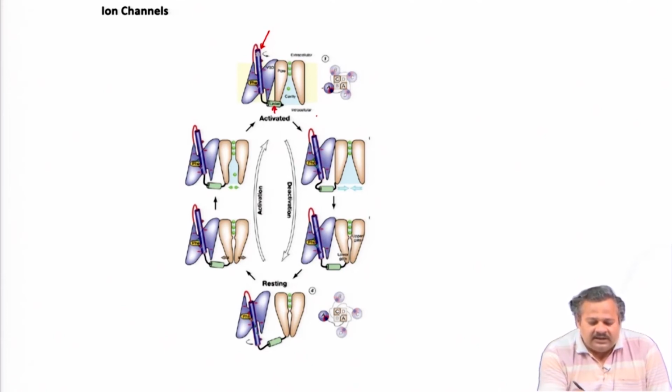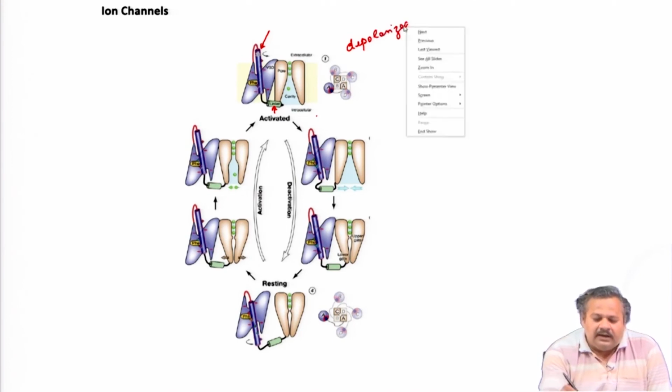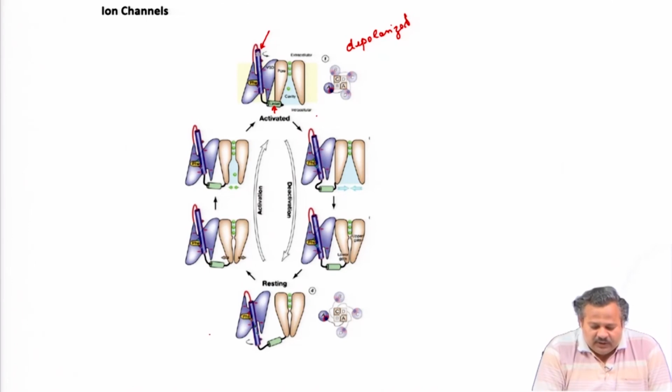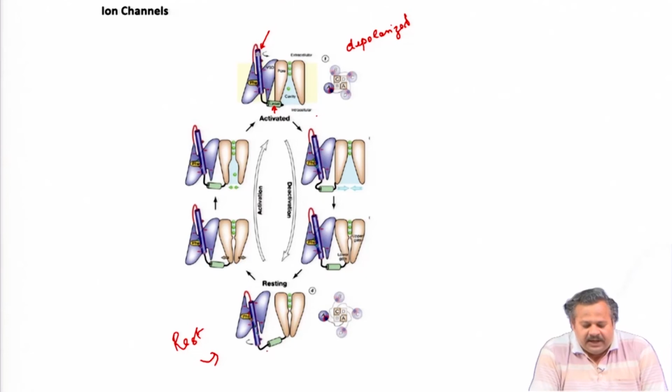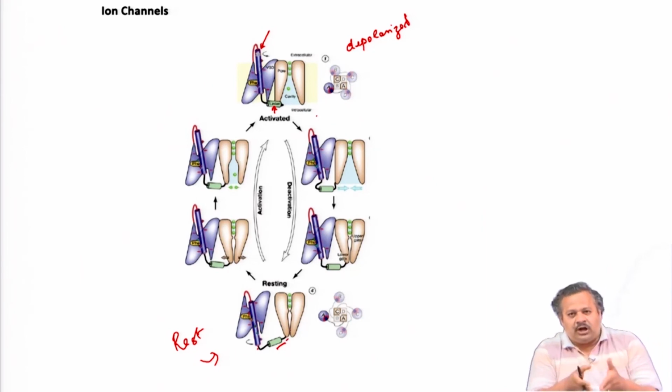So, in this current state, the ion channel is open. At this point the neuron is depolarized, that is the inside is more positive, and at rest when it is closed is shown at the bottom here, and in this case the S4 segment is pushed in, which pushes the linker and closes the pore shut physically.